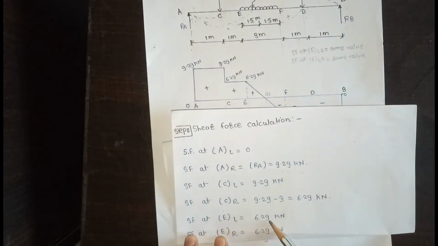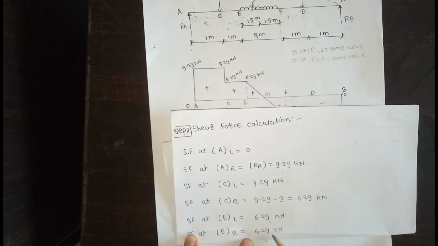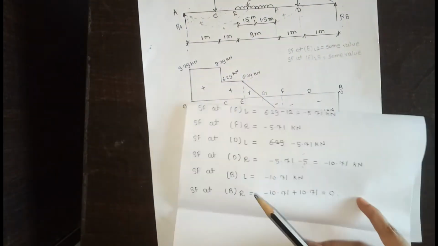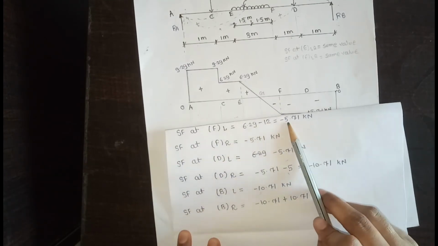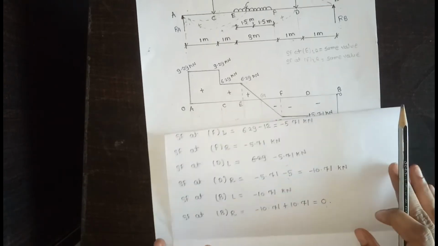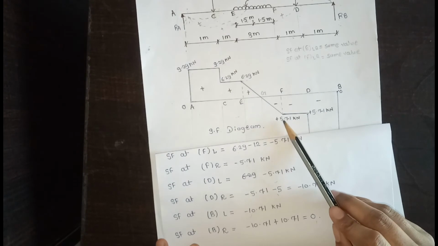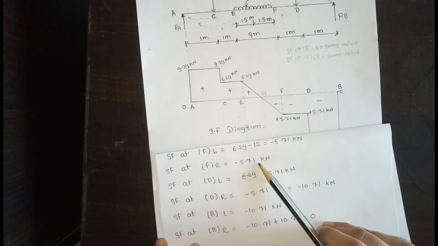Then E left 6.29 kilonewton and E right also 6.29 kilonewton. E left and right are the same value. Then next, shear force at F left is minus 5.71 kilonewton, that is a negative value, which is located below the baseline. So F left and right are the same value, minus 5.71.